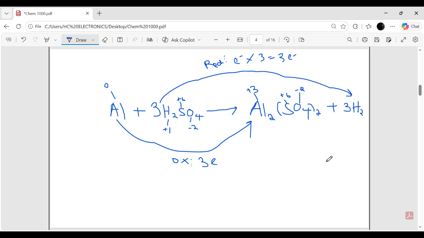Then here we have 0, so we're able to check that. As a result, here you have 3 electrons, 3 electrons, and the 3 has affected this compound and also this compound. Then you start checking which of these atoms have not been balanced.